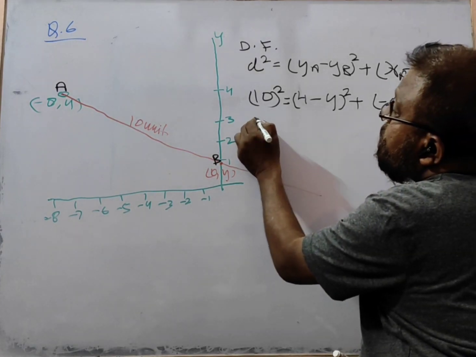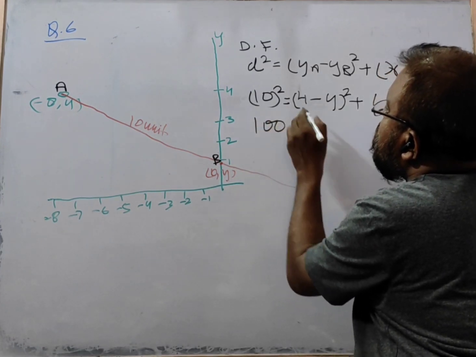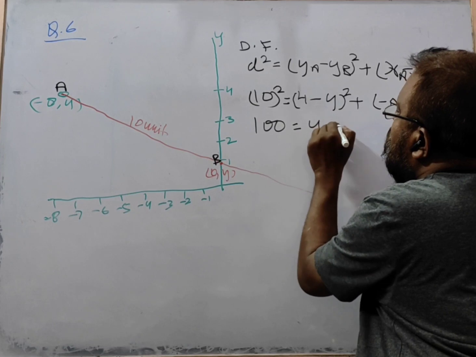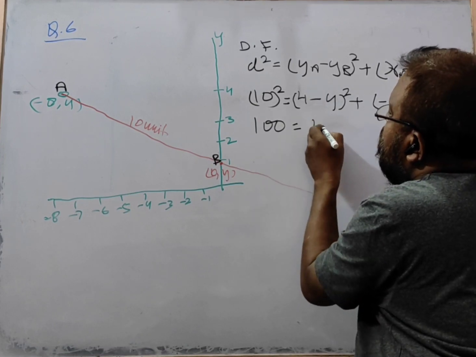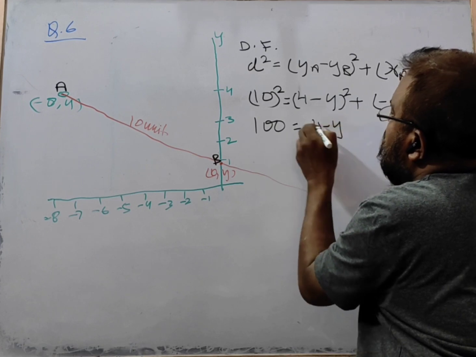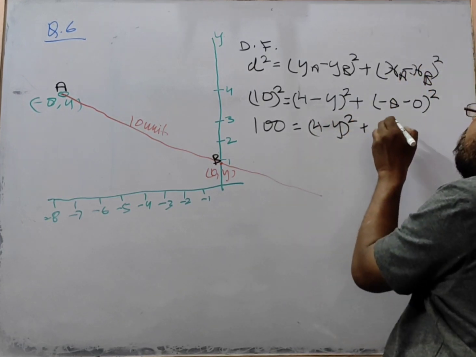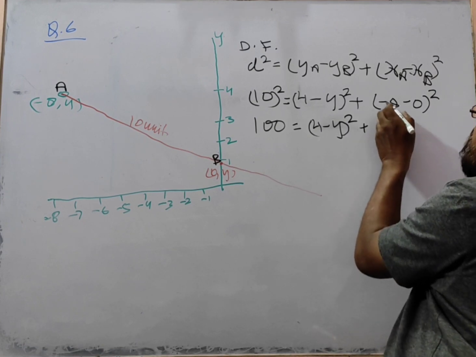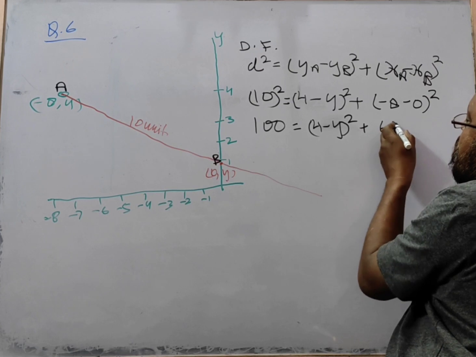So 100 is equal to (4 minus y) whole square plus (minus 8) whole square, which is 64.